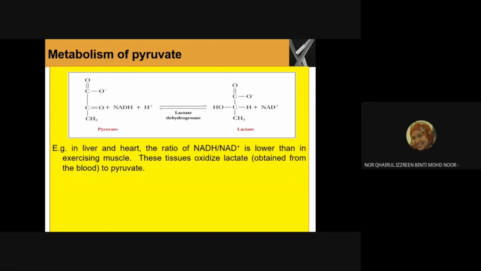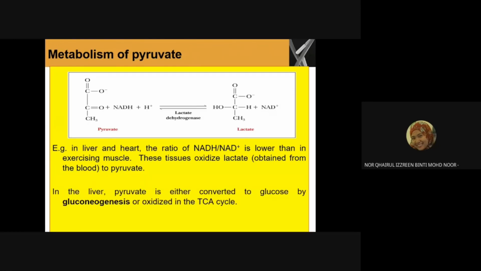In the liver and heart, the ratio of NADH over NAD plus is lower than in exercising muscle, because exercising muscle produces a lot of lactate compared to liver and heart. So the liver and heart tissues, which obtain lactate from the blood, can oxidize lactate to pyruvate. In the liver, pyruvate is converted to glucose by gluconeogenesis or oxidized in the TCA cycle.